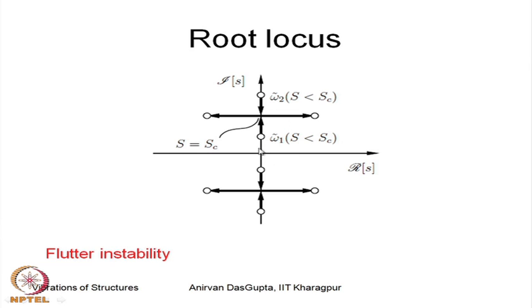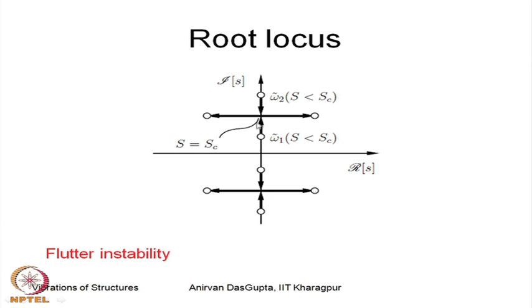When the follower force magnitude is less than the critical value, this is the distribution of the circular natural frequencies, plus or minus i omega 1 and plus or minus i omega 2.